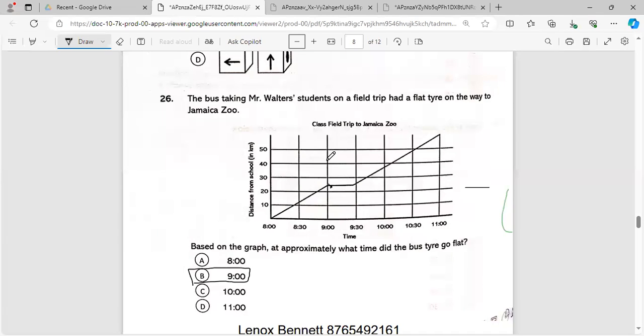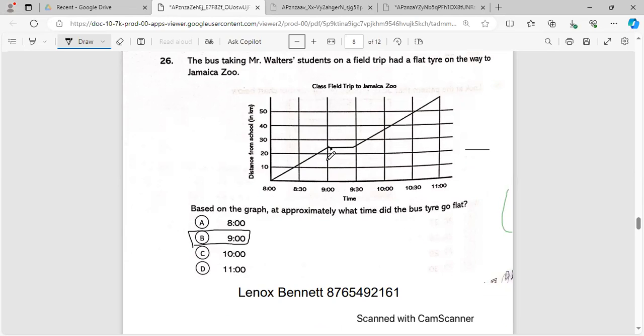The bus tire went flat 1 hour after. Would it be an hour though? No, sir. Approximately about 30 minutes, a half hour later, because at 9:30 they start moving again.